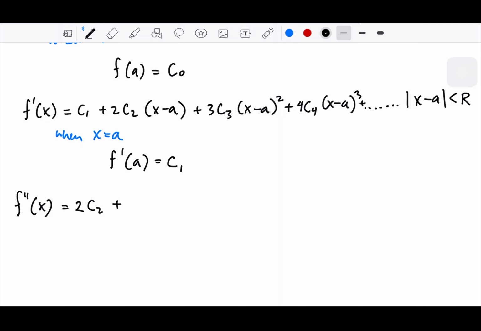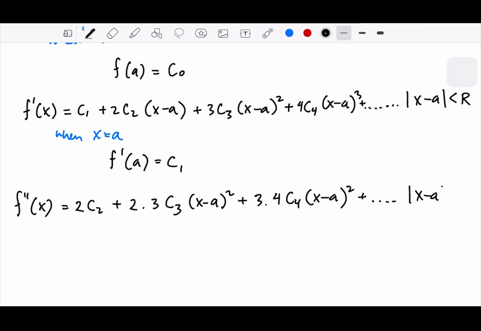So 2 multiplied by 3 times C3 times x minus a, and then we also have 3 multiplied by 4 times C4 times x minus a squared, plus dot dot dot. When x equals a, the f double prime will now be 2C2.